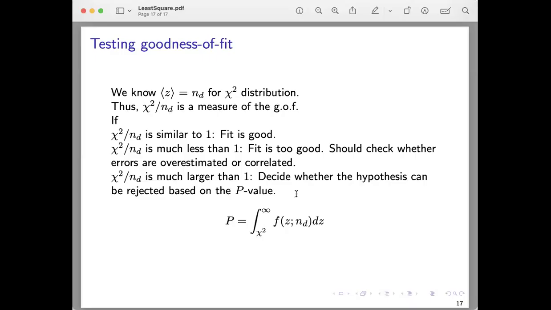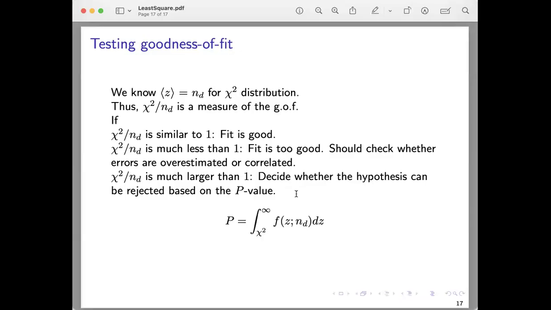On the other hand, if chi-square per degree of freedom is much less than 1, then we can say that this fit is too good, but this can come because we have either overestimated the errors or the errors are correlated. So we need to check that these errors are not overestimated.